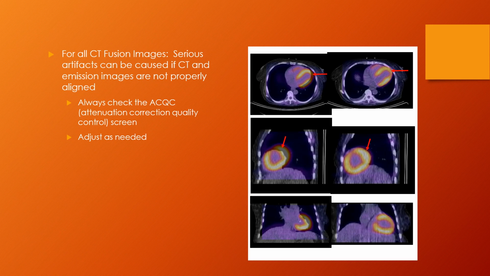It's showing that in every slice and every view, the PET images with the perfusion are overlapping outside of where the heart is on the CT. You always want to check the attenuation correction QC data on the screen in your scanner, in your perfusion software, just to make sure that it is overlapping and aligned properly. And you can adjust that if needed.